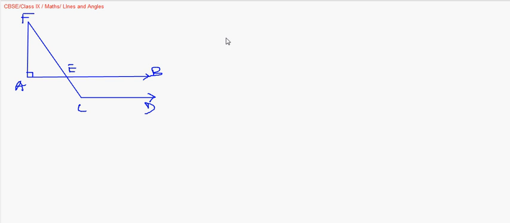The figure reads as AB is parallel to CD. It also informs that angle F is 30 degrees. That means this angle is 30 degrees. And we have to calculate angle ECD. That is this one.